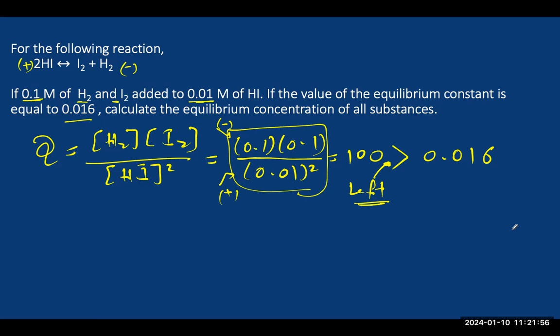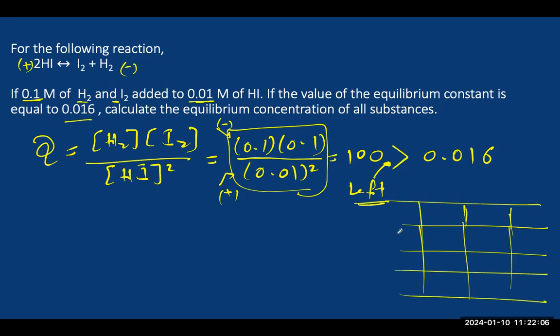So we can now start with the ICE table. Okay, this is HI, H2, I2. The initial concentrations are 0.01, 0.1, 0.1.